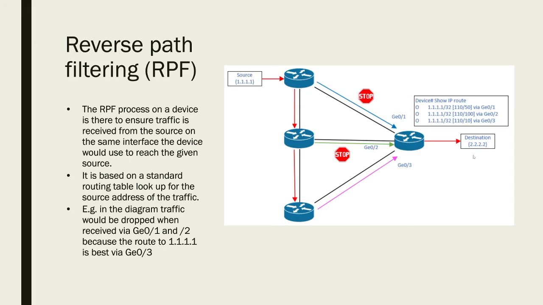This multicast traffic is being flooded across all networks, and we're receiving it across all of these three interfaces. Don't ask me why this would be a valid network, but I think it's a good example. For the time being, ignore these red stops, but you can imagine that after reverse path filtering, this is where we would stop. Anyway, how do we know that that is the case?